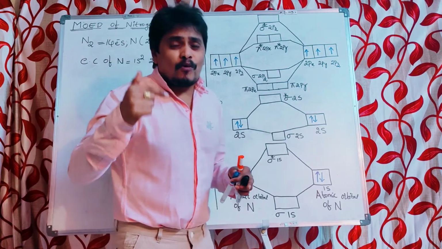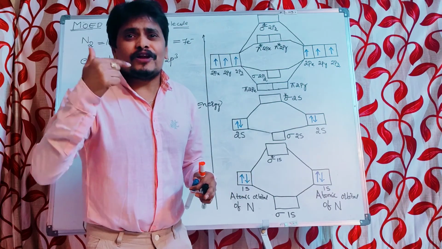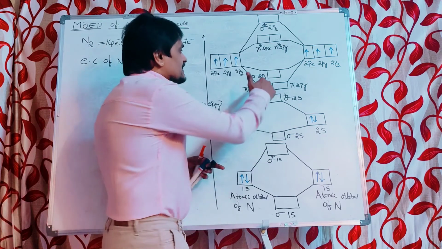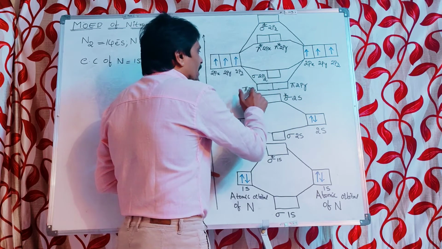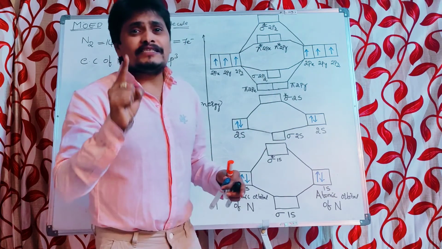Whereas in molecules like oxygen and fluorine, the sigma 2pz will be in front when compared to pi 2px, pi 2py. And what is the reason?